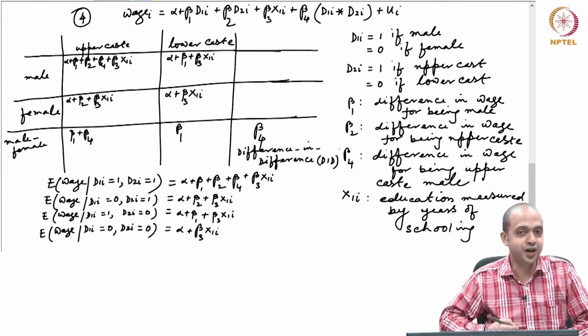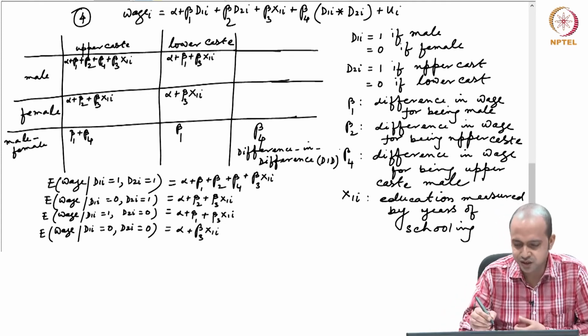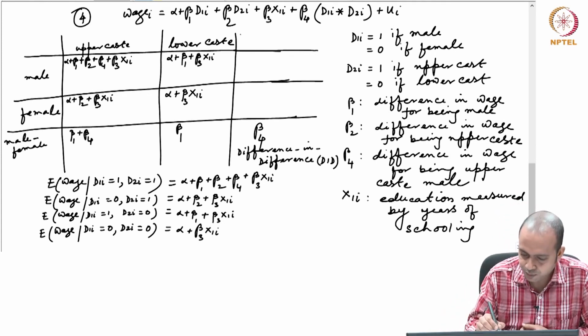Similarly, if you want to understand the caste difference between male and female, so we hypothesize there is a caste difference for male, there is a caste difference for female, then we can test whether the caste difference is significantly higher for male than their female counterpart. So, this is because your upper minus lower.